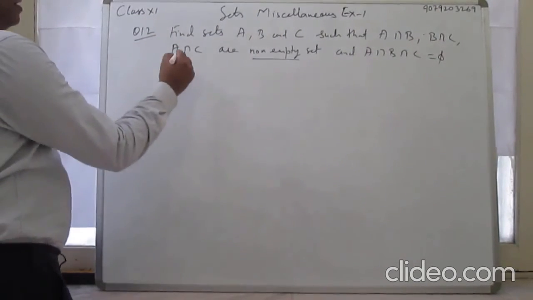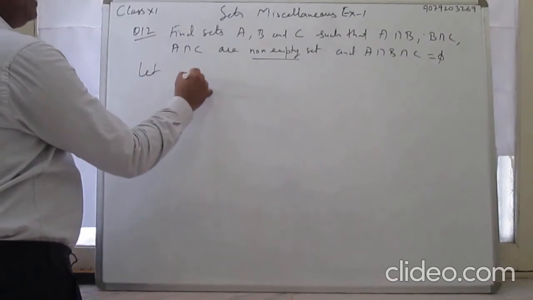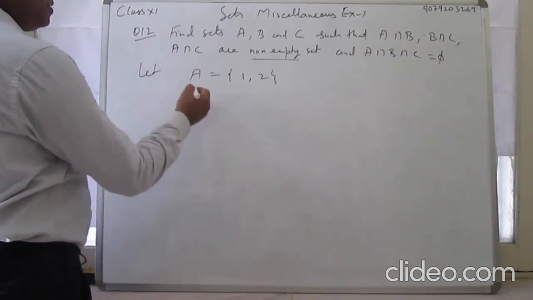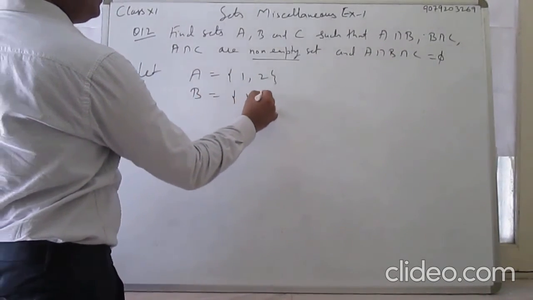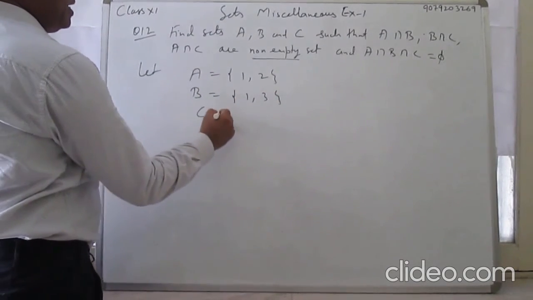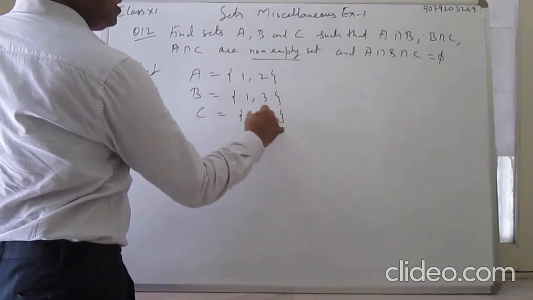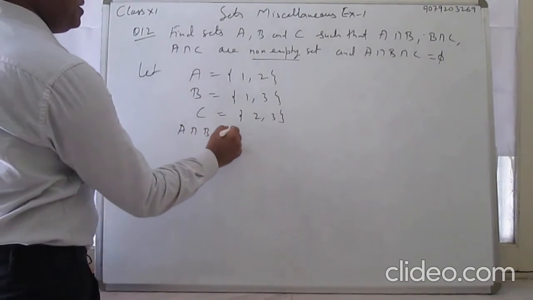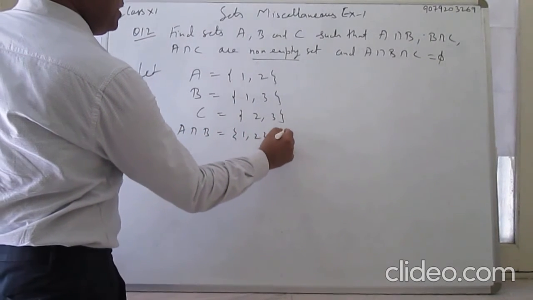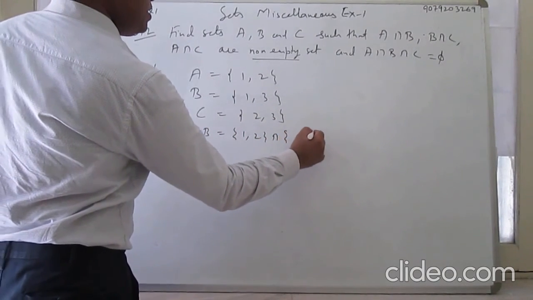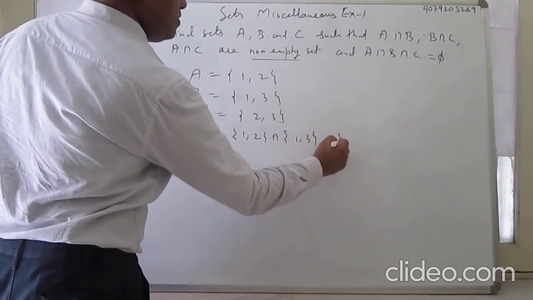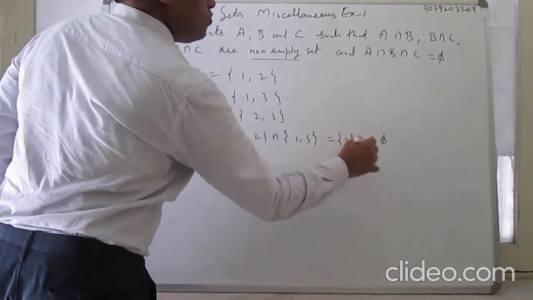Now let A be {1, 2}, B I take {1, 3}, and C I take {2, 3}. Then see the condition. What is A intersection B? {1, 2} intersection {1, 3} is {1}, not equal to the null set.